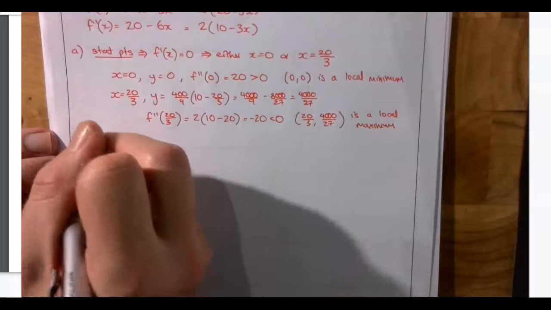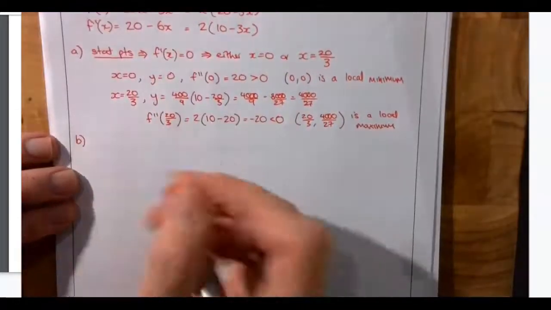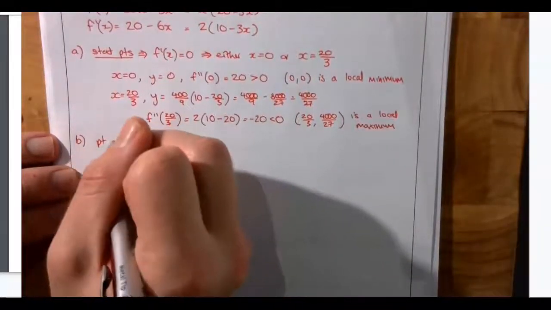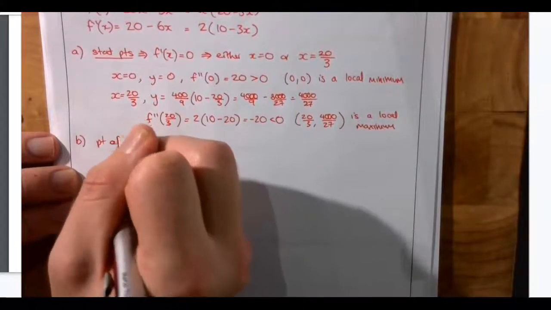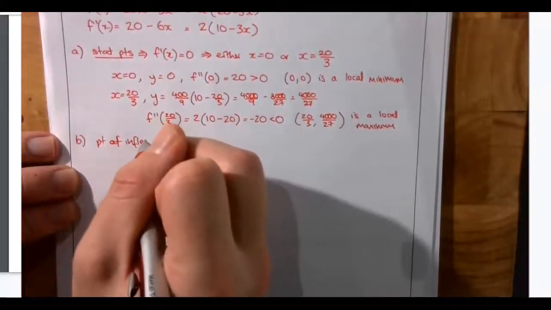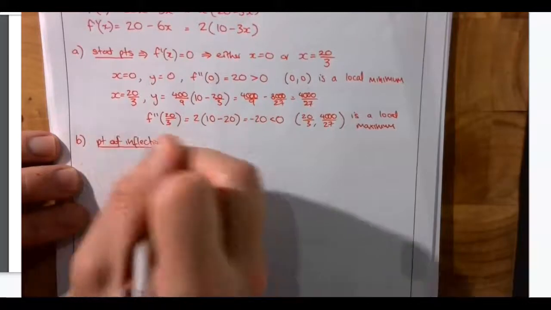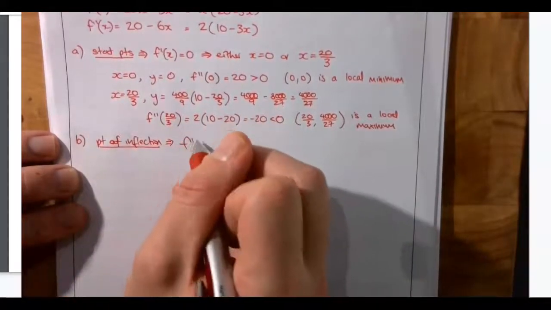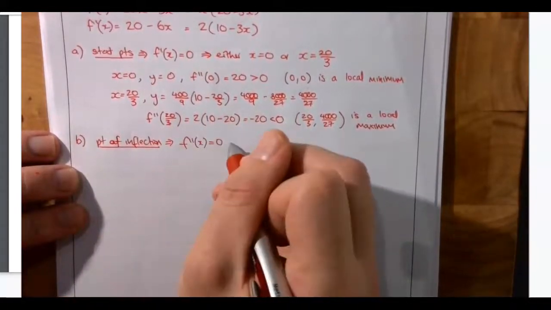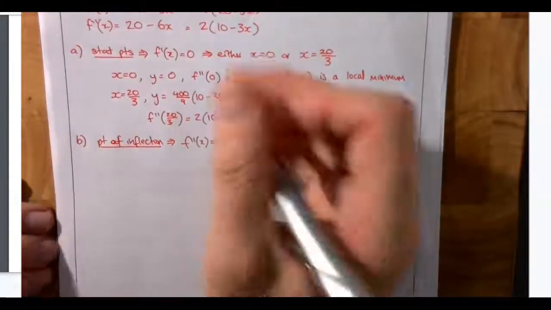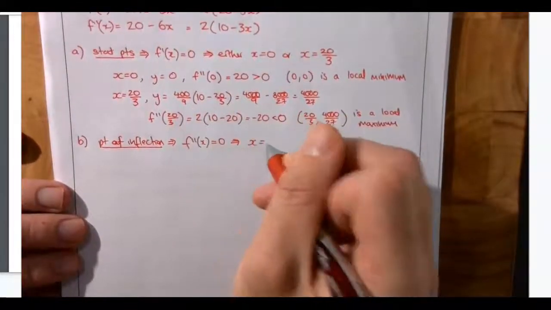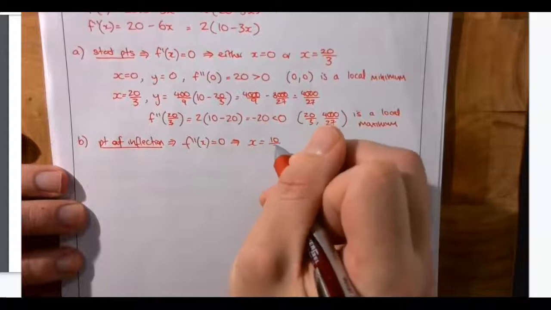For part B, coordinates of the point of inflection. So we know that at a point of inflection, f double dash of x equals 0, which means that x equals 10 over 3.